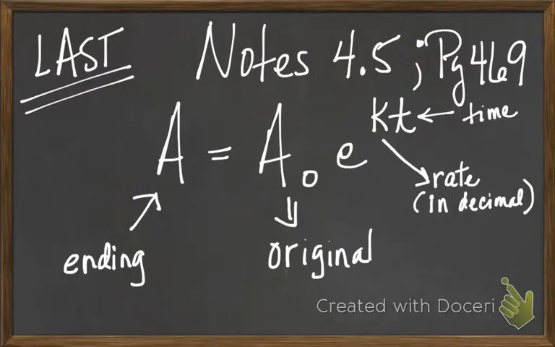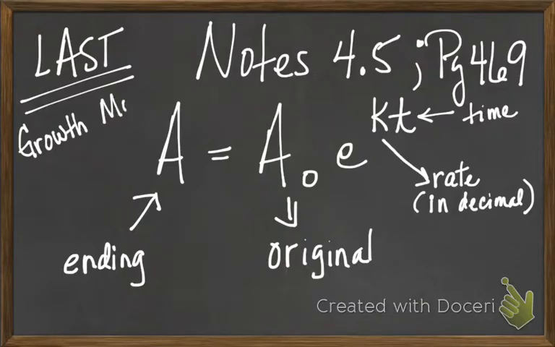It is called, should tell you what it's called, because in your directions it'll tell you to use the formula. Sometimes it's called the growth model, and sometimes it's called the decay model. It depends on whether something is increasing, okay?